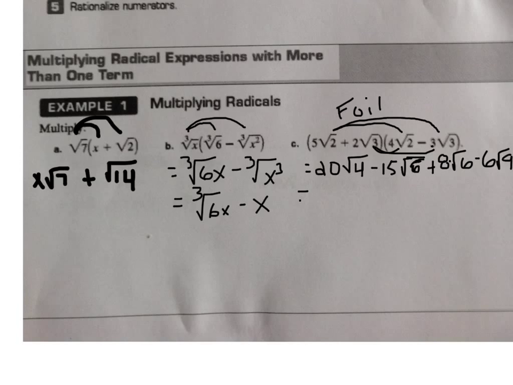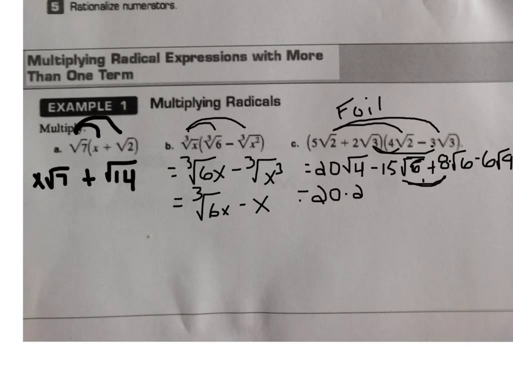Alright, so now we're going to have to do some simplifying. Square root of 4 is 2. And so this is 20 times the square root of 4, so really when we take the square root of 4 and get 2, we're going to have 20 times 2. And then we got minus 15 and plus 8, both with square roots of 6. We can add these together.